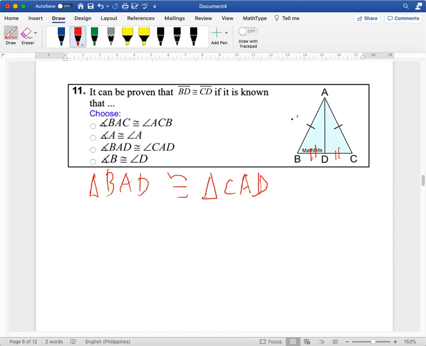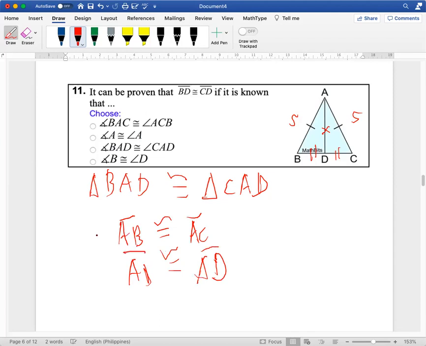We have already identified congruent corresponding sides. AB is congruent to AC, given. And AD is congruent to AD by the reflexive property.